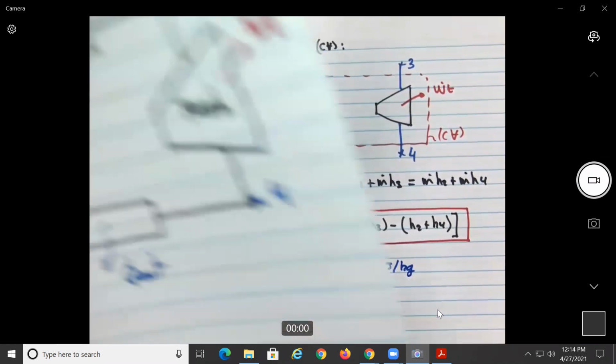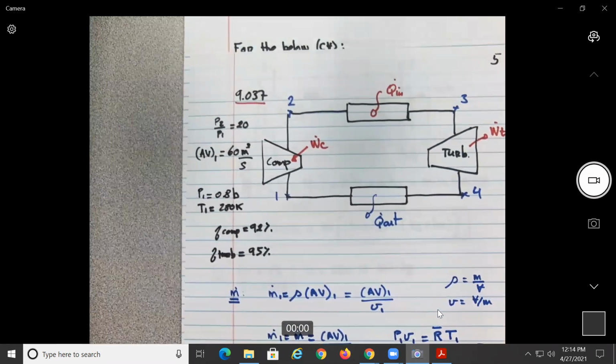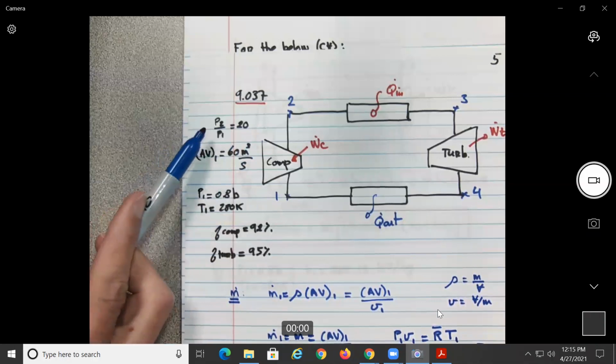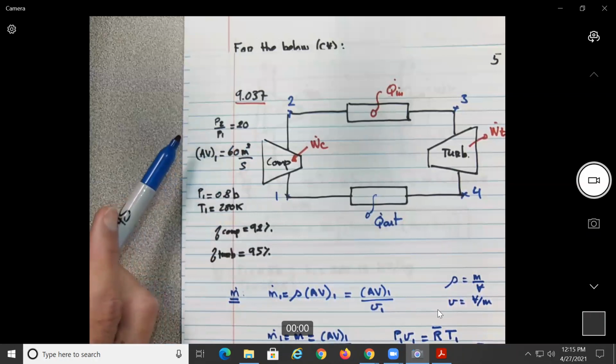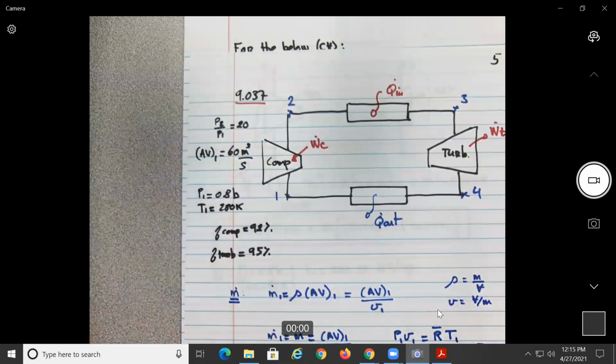Okay, now in order to find what is the enthalpy at 2, we know what is the difference in pressure, but that's all we know. So we need to find another property. So let me pause for a second and let's go to the class notes.